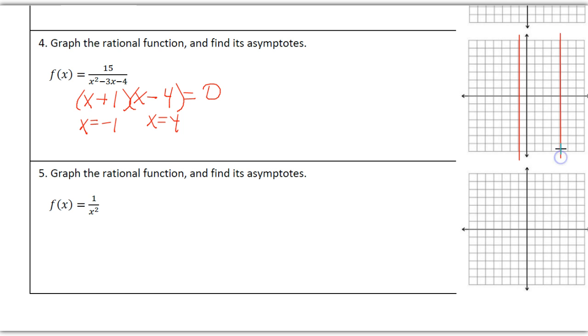Right there. And let's make our horizontal asymptote in blue. Should have done this in the others. There it is. And our graph of these will look like this. This is going to look like so here.